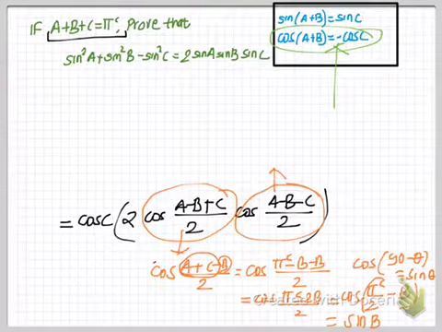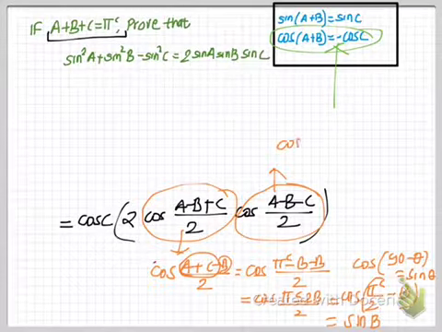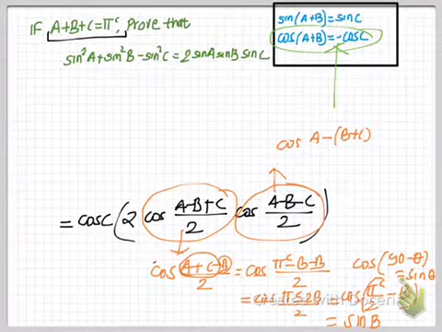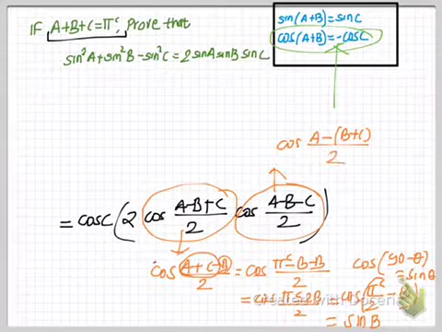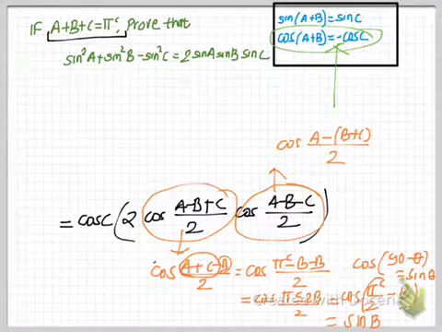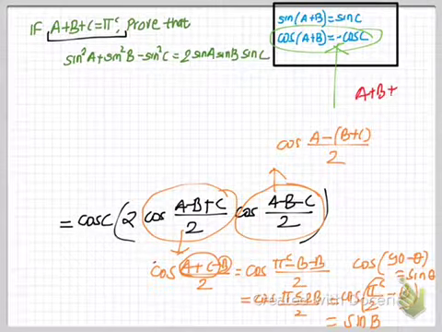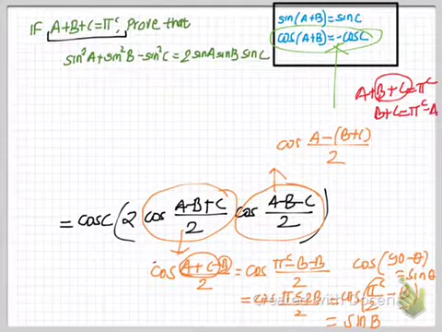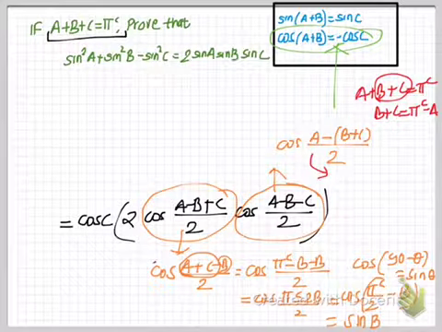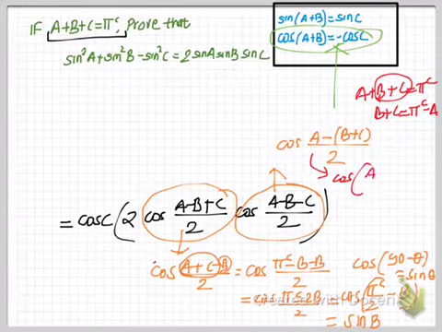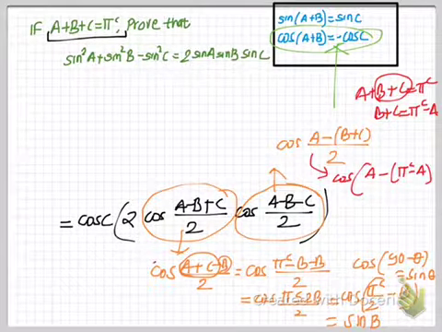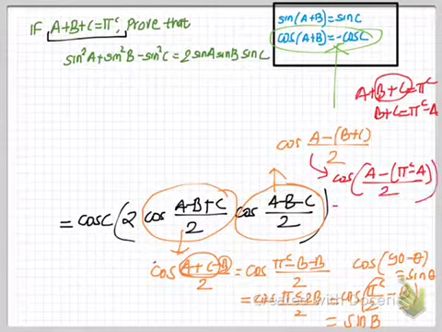Here we have cos a, and I'm going to take minus common, and then I have b plus c divided by 2. Now from our given condition, we have a plus b plus c is equal to pi radian, and for b plus c we can directly write pi radian minus a. So let me substitute cos a minus, and then I have pi radian minus a instead of b plus c divided by 2.